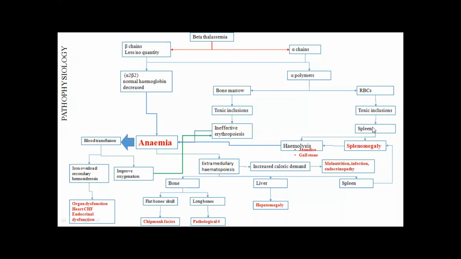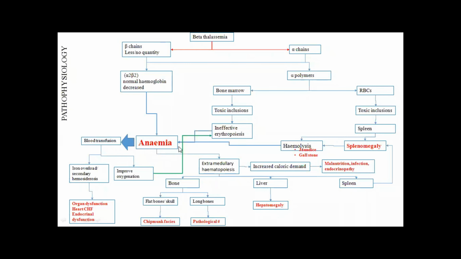It is bearing the brunt of RBCs with inclusions, so the spleen will enlarge in size, and this is known as splenomegaly. With more and more splenomegaly, more and more RBCs are going to be destroyed, and this is known as hypersplenism. So more and more hemolysis and more anemia. So splenomegaly is viciously related to the anemia and RBC inclusions.